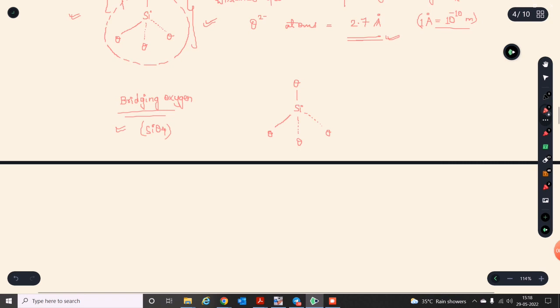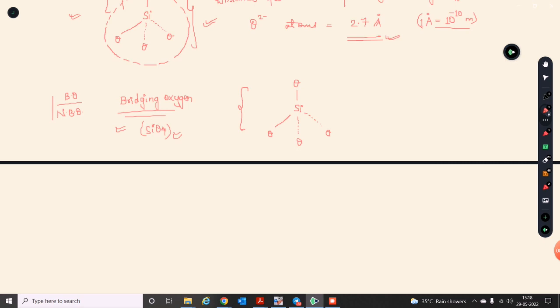Whenever you get questions on the ratio of BO to NBO, non-bridging oxygens, always have the structure in mind. That is when the structures come into place, and it becomes very important that you know how many oxygens are shared and how many are not shared in particular structures. They have been asking such questions quite regularly. They are playing around with this, but if you know the concepts and the basics, even if they play around with bridging and non-bridging, you will be able to answer each such question.